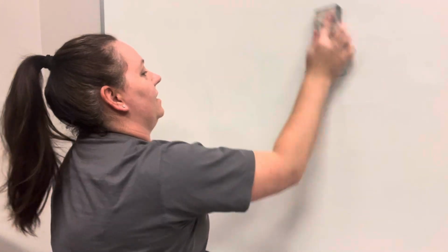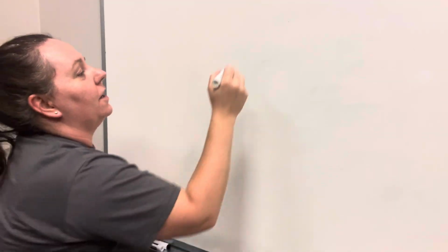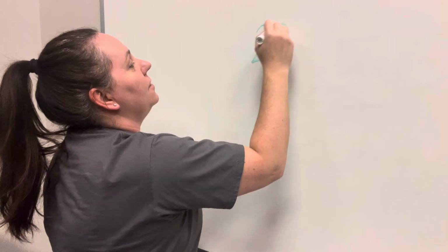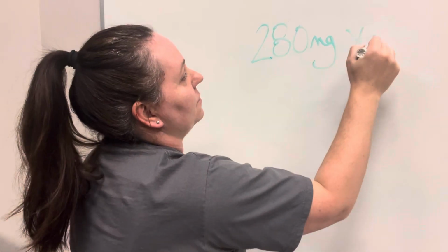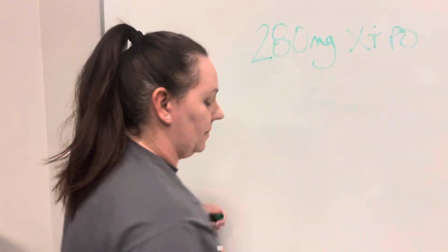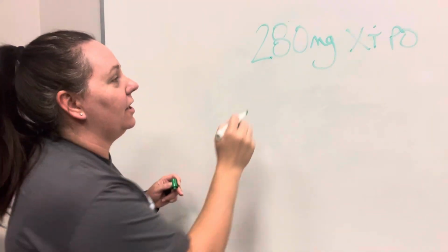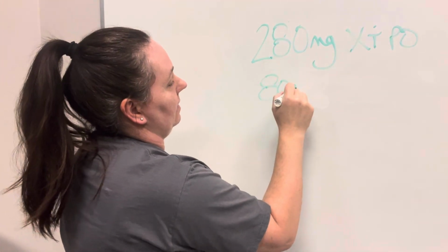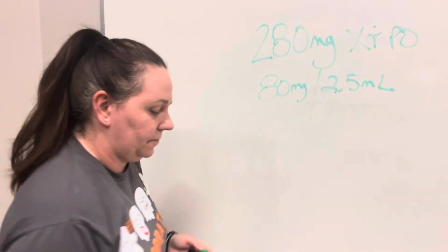So let's think about a different equation, a more complex equation. So say we have an order for 280 milligrams of acetaminophen times 1 PO now, and the pharmacy has available 80 milligrams and 2.5 milliliters.